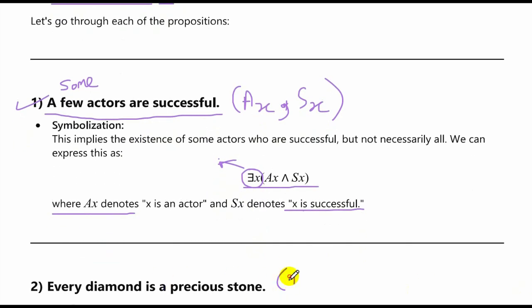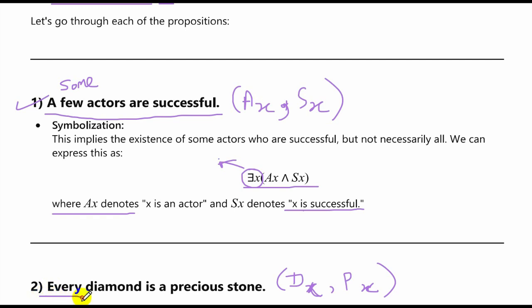They'll give dx for diamond, and for precious stone they may give ps, for example px, or sx, or whatever they give, we have to take that. So we have to state, let dx be diamond, let px be precious stone. Therefore, every.